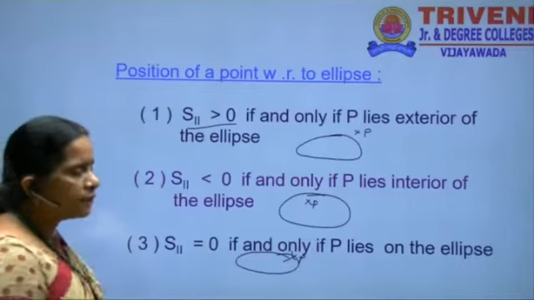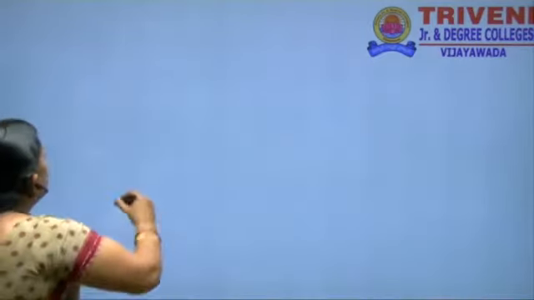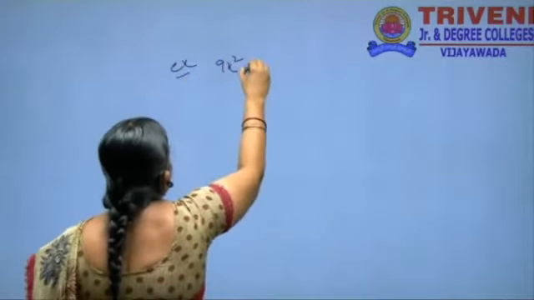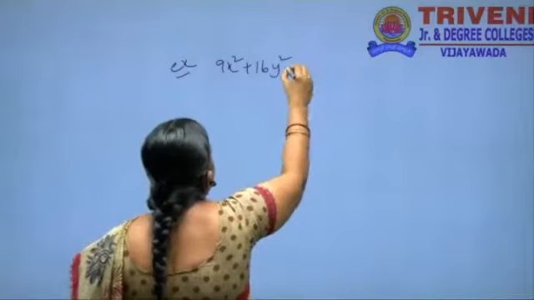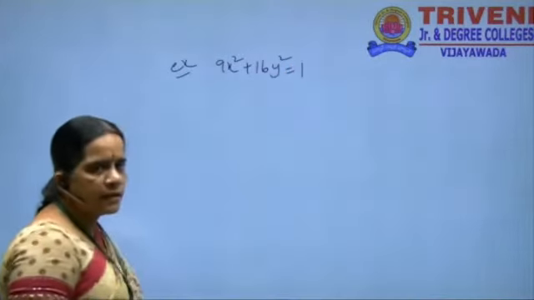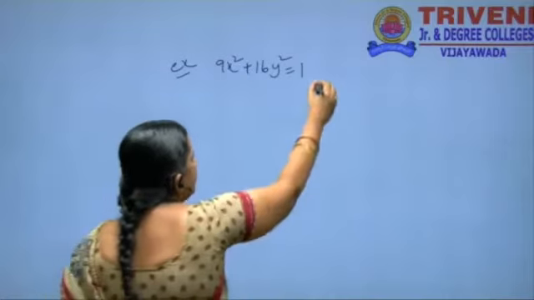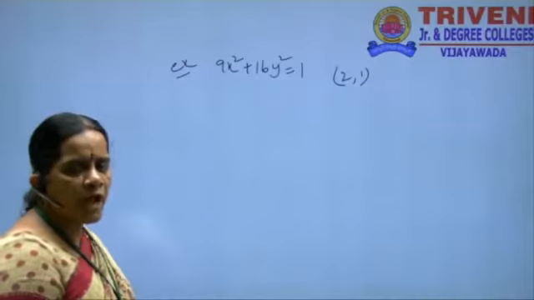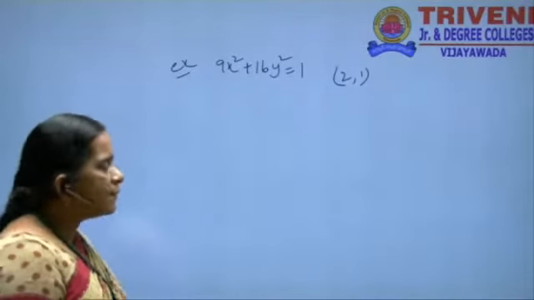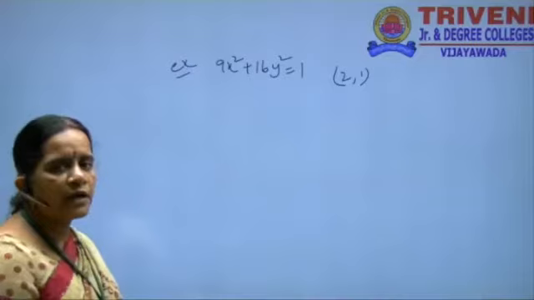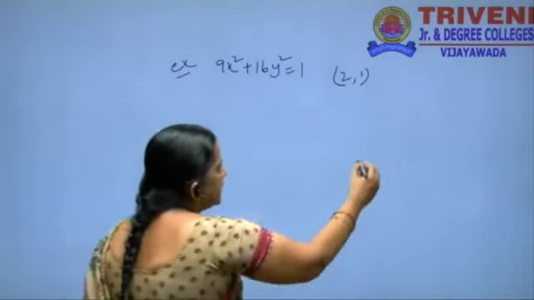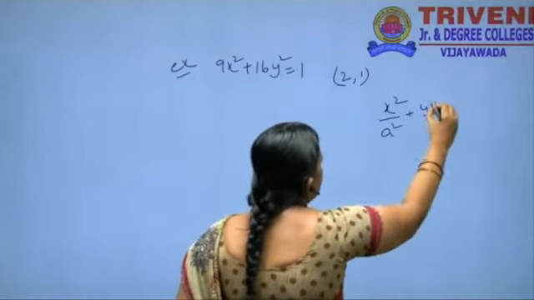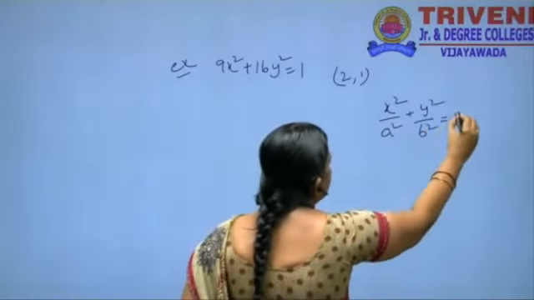Based on this, we have to do one sum. For example, take 9x square plus 16y square is equal to 1. This is the ellipse form. Then they give the point (2, 1). We have to find S11. First we have to convert into the ellipse standard form. What is the ellipse standard form here? x square by a square plus y square by b square is equal to 1.